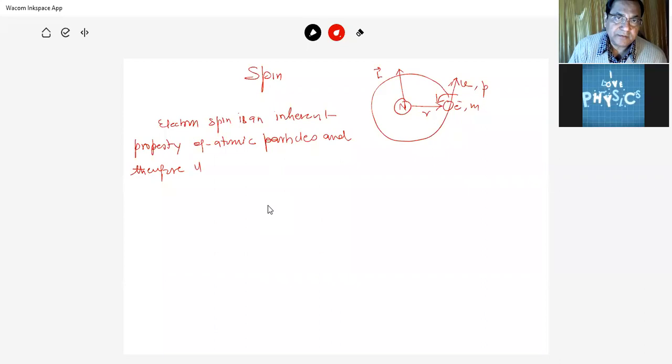it will help to understand the behavior of the particles.